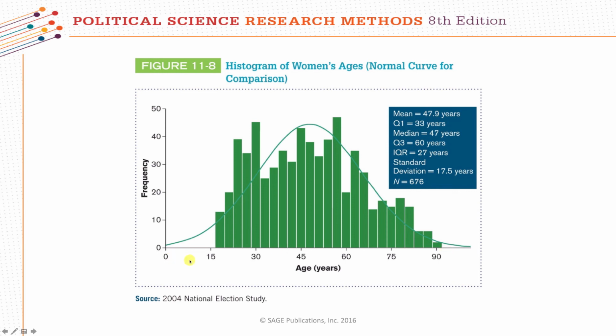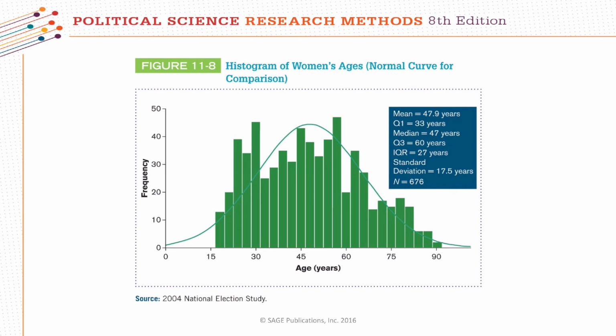But we don't know about younger Americans because no one under the age of 18 can take the survey. That makes life somewhat difficult. That's why the bar chart cuts off right here. It cuts off because we can't survey people lower than 18, but we can survey people up to death, or however old you are when you die. So that's good. We can tell some things about the American population, or at least women's ages, in this survey based on this information.